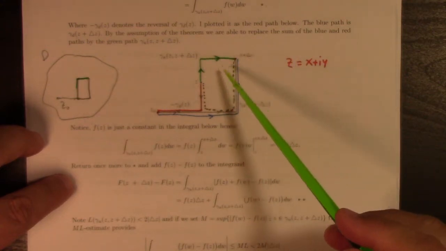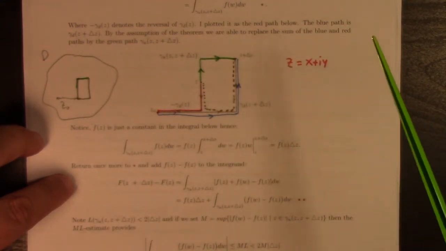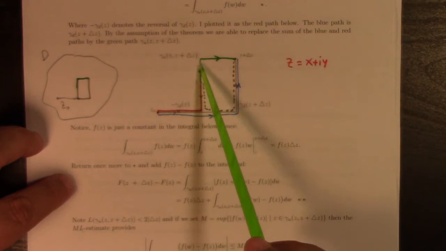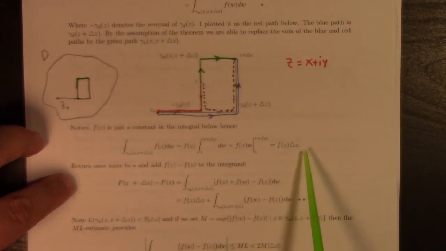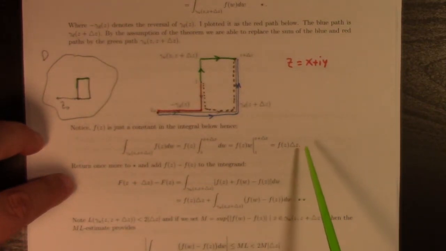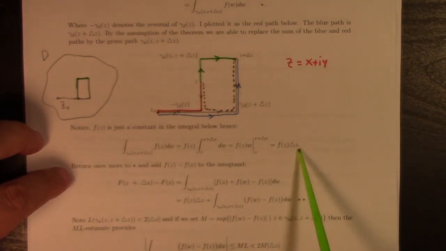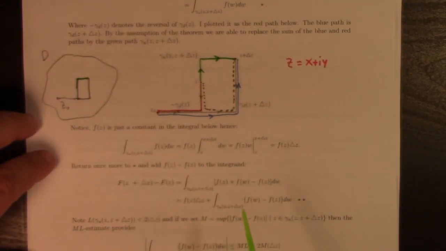Well, anyway, excuse me. The sum total is, to go from here to here, we integrate dw, we get delta z. All right, so we get f of z delta z, as I said, from this integral.